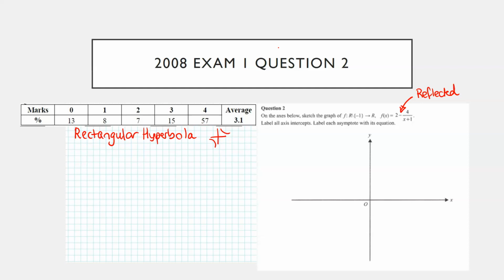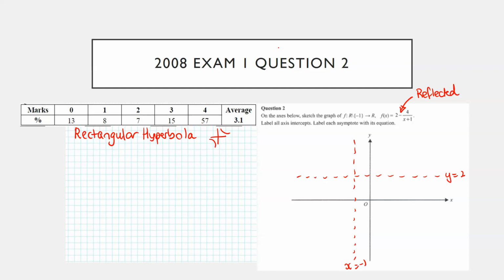Okay, so let's get sketchy. First off, we have an asymptote at y equals 2. So let's put that in. We also have one at x equals negative 1. Putting these in first gives us a bit of a guideline of where our graph should go.